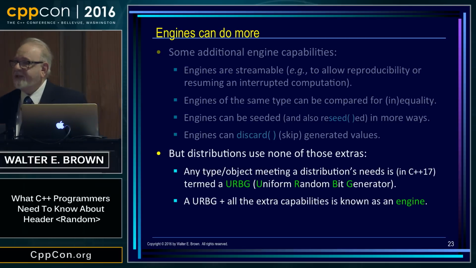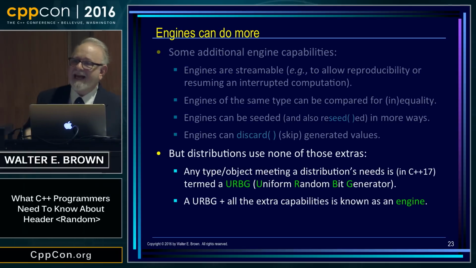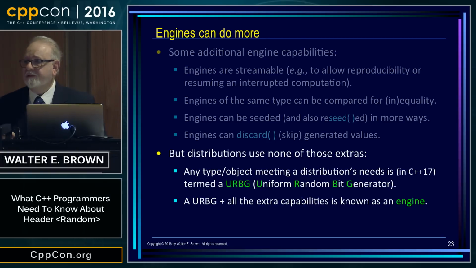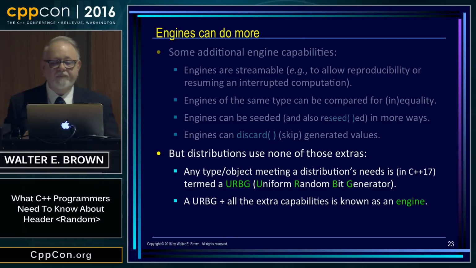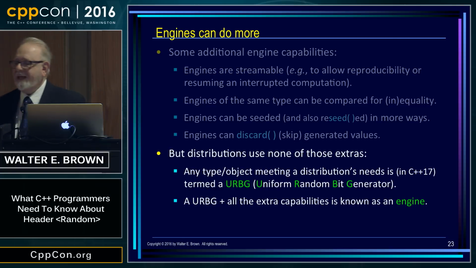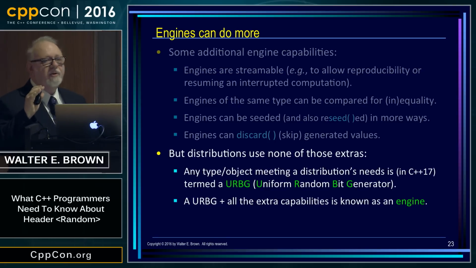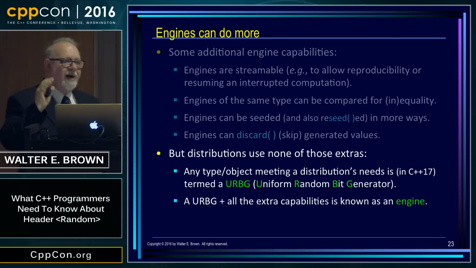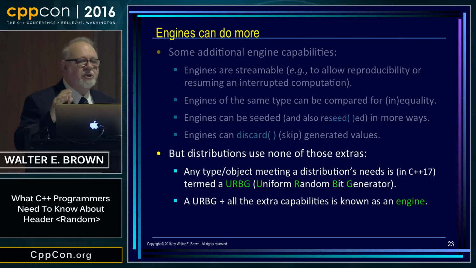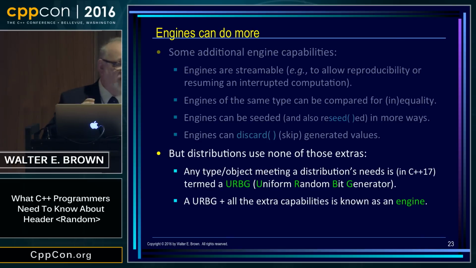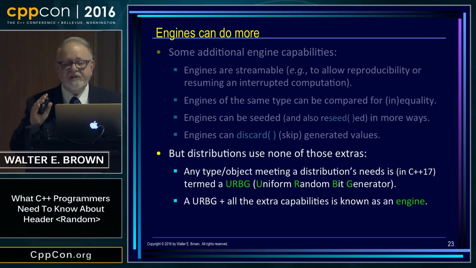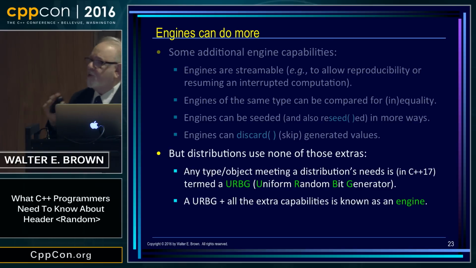It turns out that distributions don't need any of those extras. And so we actually, in the standard, have a two-tier approach. I've only told you about engines. That's actually the second tier. If you bundle up the requirements that a distribution imposes, what you have is something that we now refer to as a URBG.